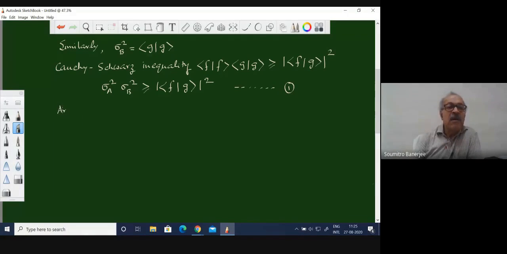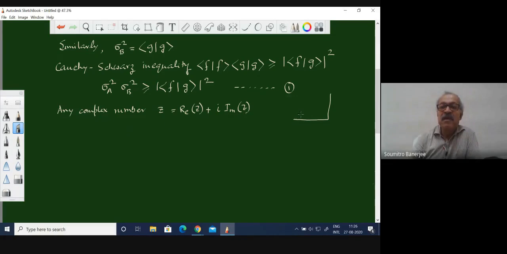So any complex number Z can be written as the real part of Z plus i times the imaginary part of Z. That also gives another inequality, because this is the real part of Z, this is the imaginary part of Z, and this is Z. Therefore I can use the inequality that mod Z square is equal to the real part of Z square plus the imaginary part of Z square.